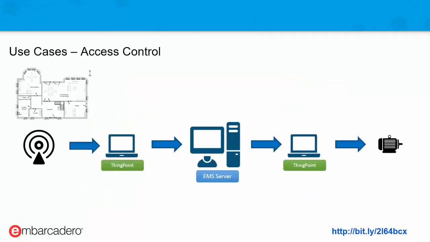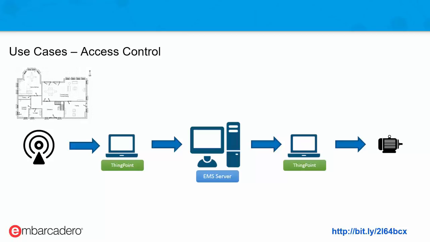Another use case might be to use Bluetooth beacons for access control. So to quickly disambiguate, EMS server is the actual server software that exists within RAD server. RAD server is a product bundle which includes EMS server, and it also includes Bluetooth beacon fencing.